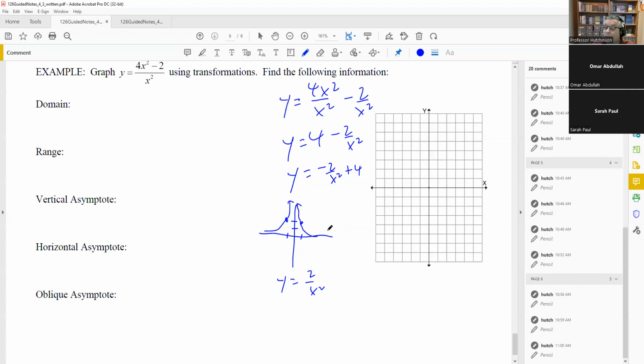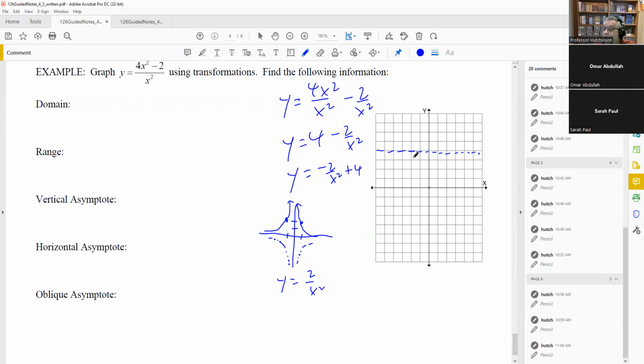Now, if there's a negative in front, the negative is going to flip the graph down like this. So negative flips the graph over. I'm going to take this graph, flip it over, and raise it up by 4. So I'm going to put the 4 right here. The graph doesn't shift left or right at all.